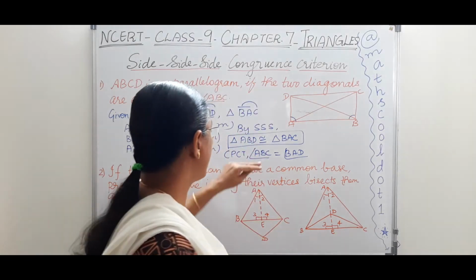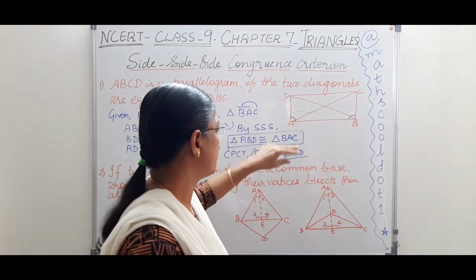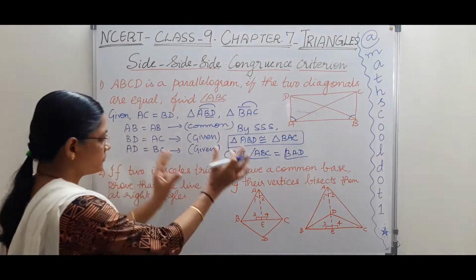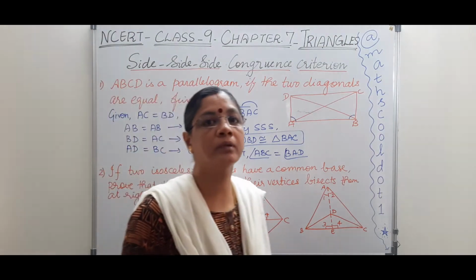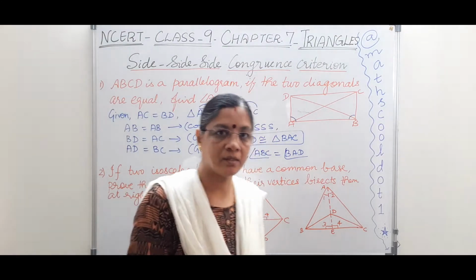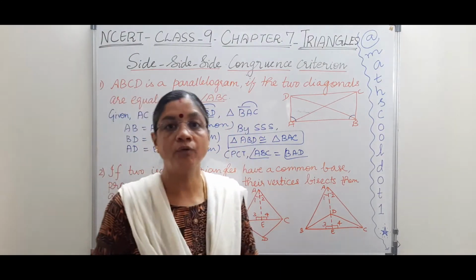Up to this we have taken from the SSS criterion. We'll move on to the next part of the question, that is, what is the measure of angle ABC?